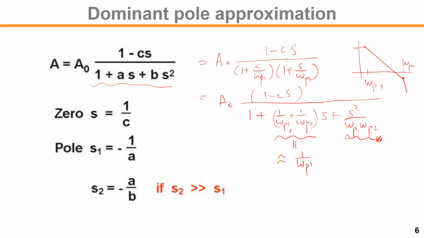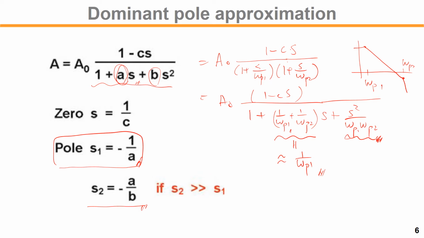So we can do some approximation. If the first order coefficient is a, then the dominant pole location is 1 over a. And the second pole location is a over b, the ratio between the first order coefficient and the second order coefficient b.